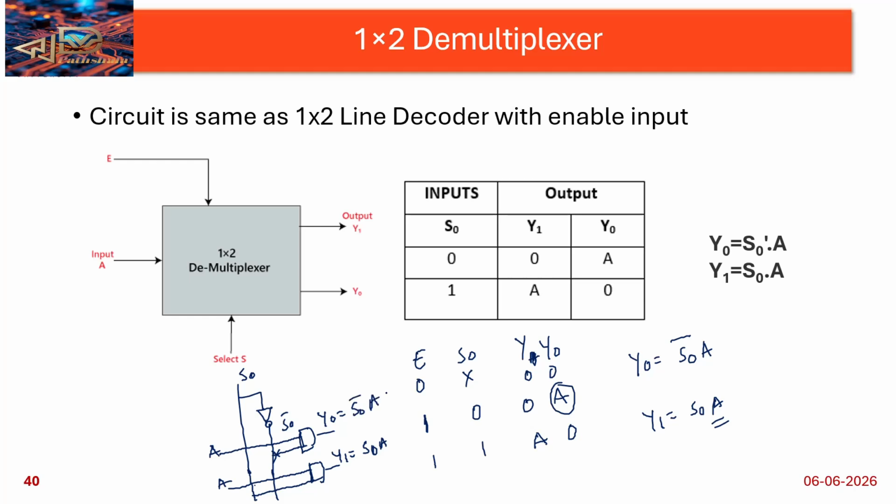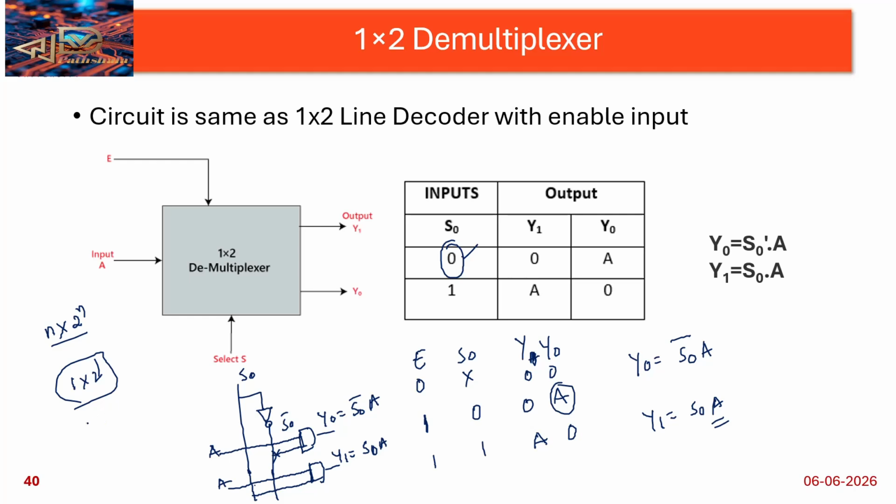Clear? Any doubt from the 1 by 2 demultiplexer? See how it is working like a decoder. I have already explained the decoder, right? In a decoder, n inputs are there and 2 power n outputs we are getting. Here also one input is there and select line is 1, so 1 by 2 power 1 acts like a demultiplexer.